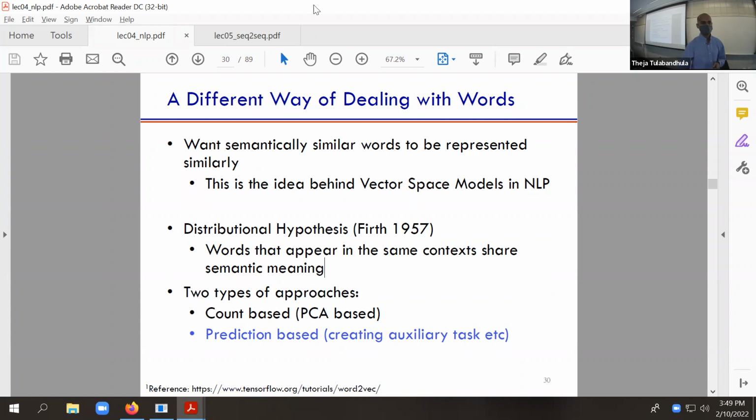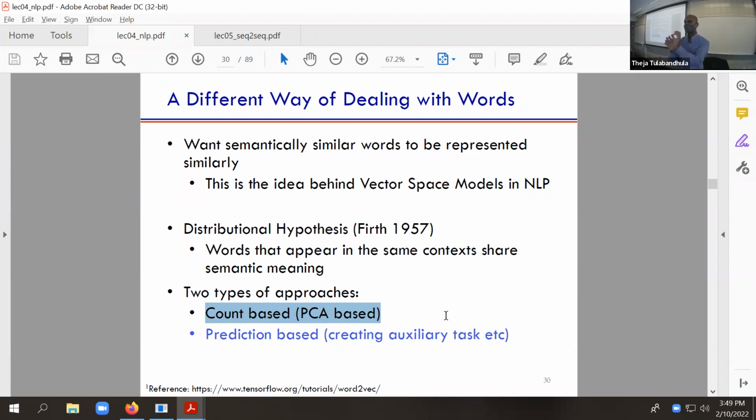There are a couple of ways. One of them, which we discussed in the last lecture, is count based, where you make a word cross word matrix, very similar to an item cross item matrix. For each word pair, how often do they appear in similar contexts?